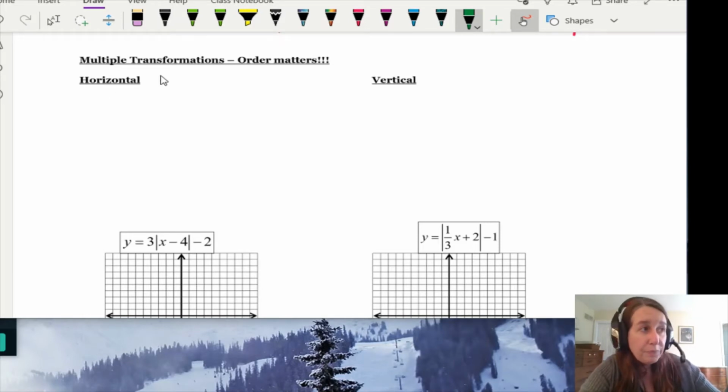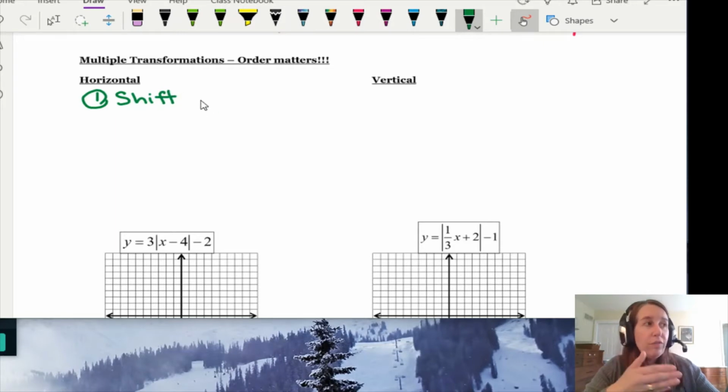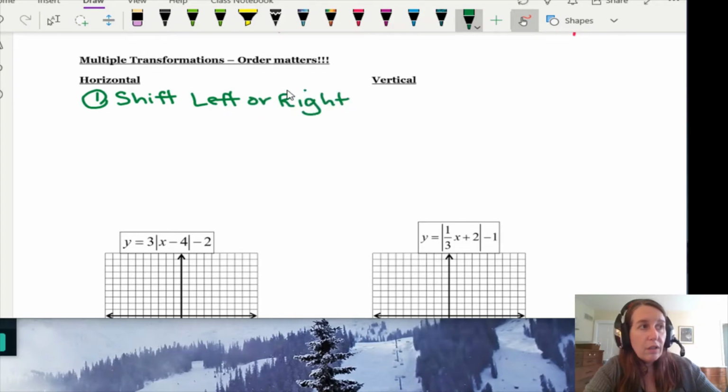Remember how we are trying to solve for x or undo what happened to x. So we are always going to have to do our shifting first. So shift left or right. And then we're going to do our stretching, shrinking, or reflecting.